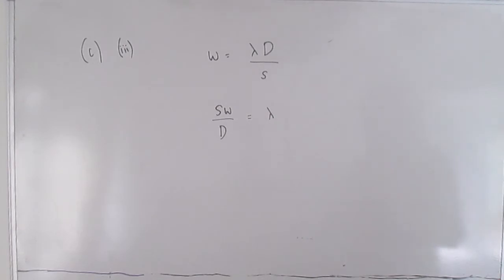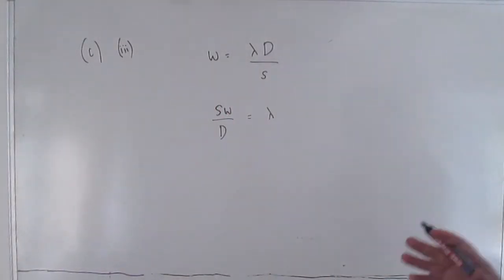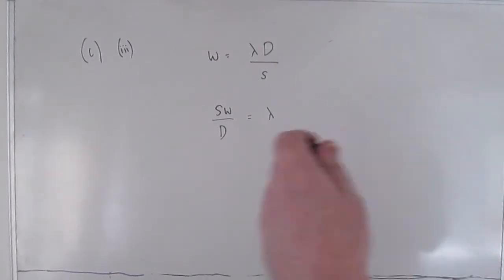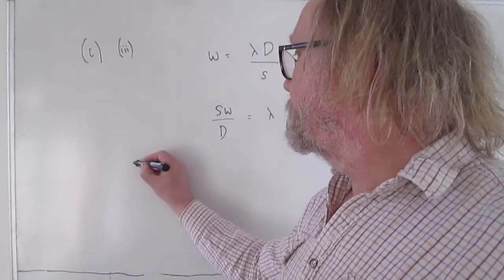So the general principle here is that you want the distance you measure on the screen to be as big as possible, because the bigger the distance you measure on the screen, the smaller the percentage error in your measurement. So that's the principle.